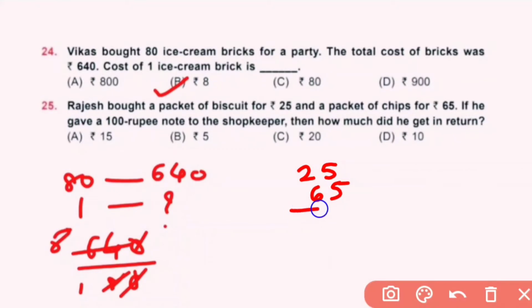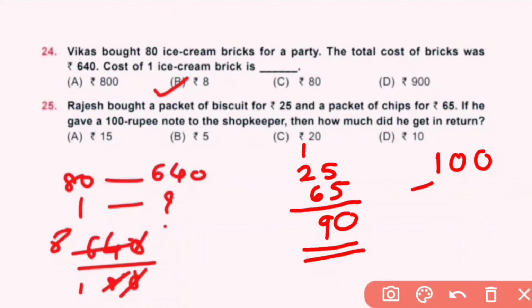Means total he spent here 5 plus 5 is 0, 1 carry over, 2 plus 1 is 3, 3 plus 6 is 9. So he total spent 90 rupees. He gave 100 rupees note to the shopkeeper and he spent 90 rupees. So 100 minus 90, 10. So he get 10 rupees in return. Here D is correct answer.